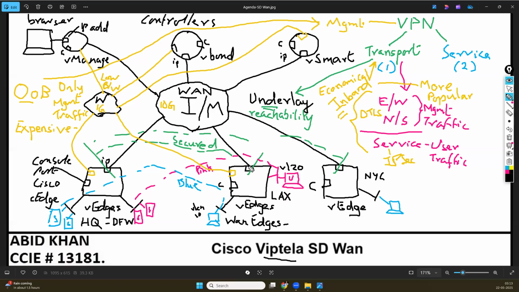But now here we are talking about the WAN edge, which means this is a router. On a router, if you have two different segments and you don't want them to communicate with each other, what do we do? Let's say you have a router here.